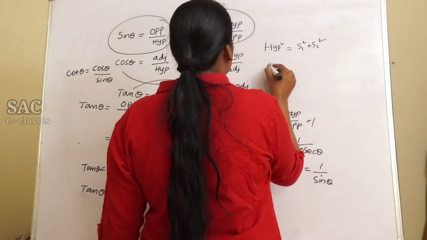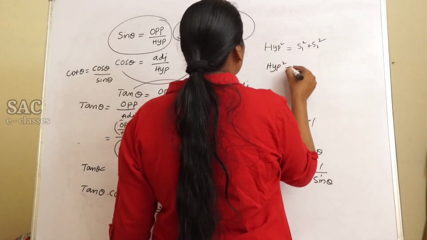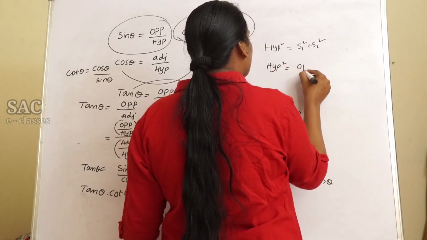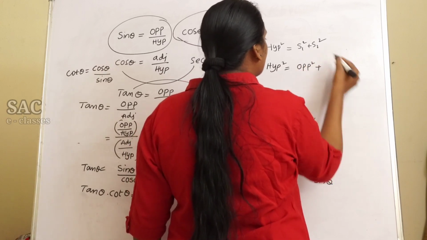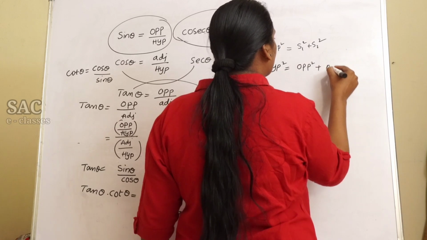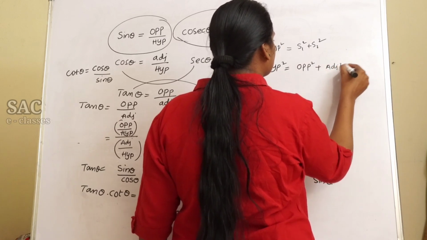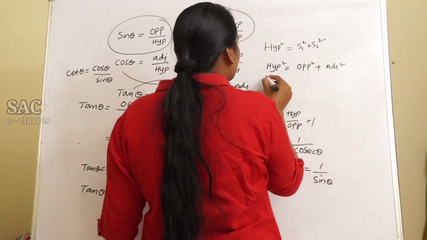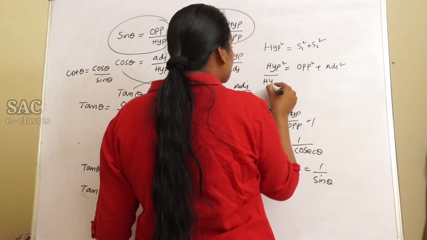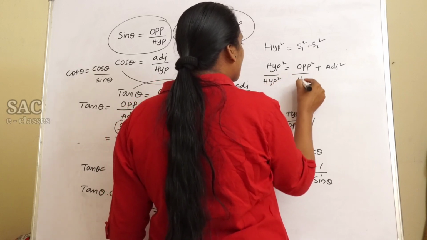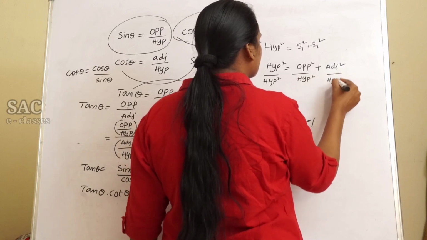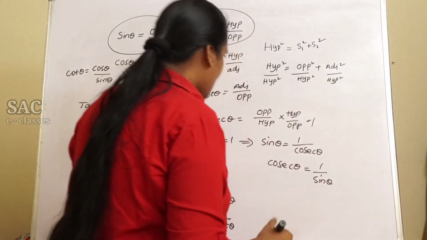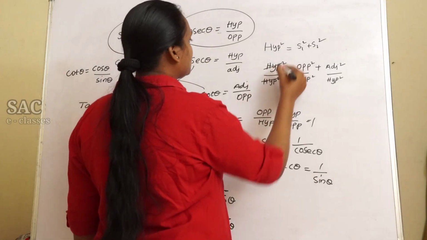Then hypotenuse square can be written as side 1 square, which for the angle theta is the opposite square, because that is leg 1, and another one, for that theta, you can write it as adjacent square. Then let me divide both sides with hypotenuse square, which is a non-zero value. Now what will happen? Hypotenuse square cancels.